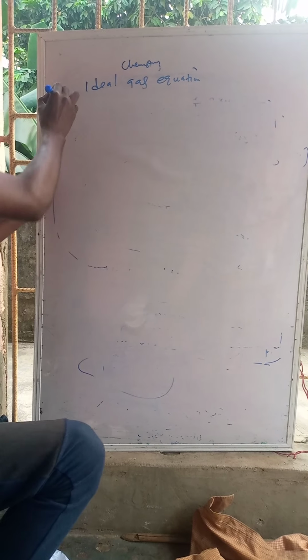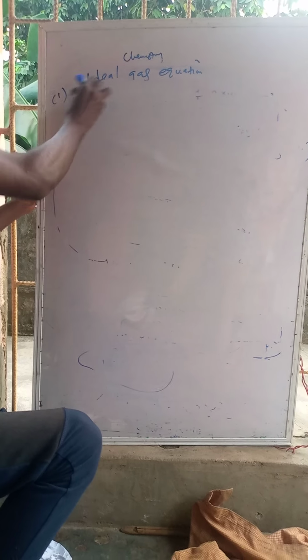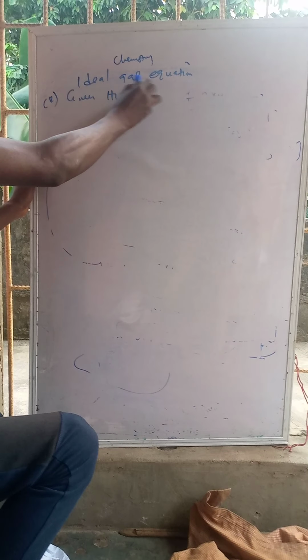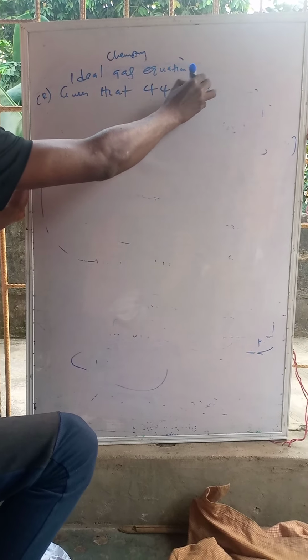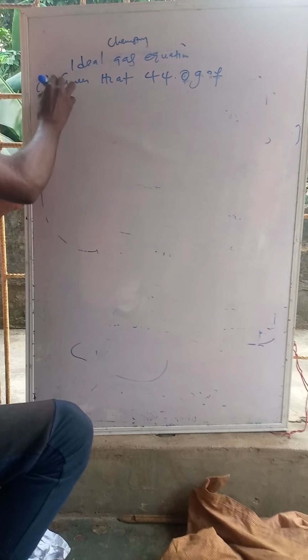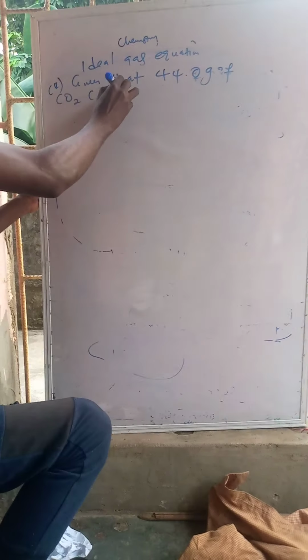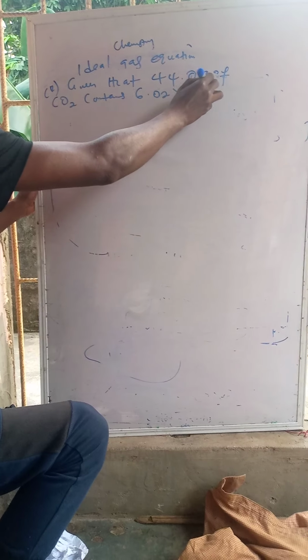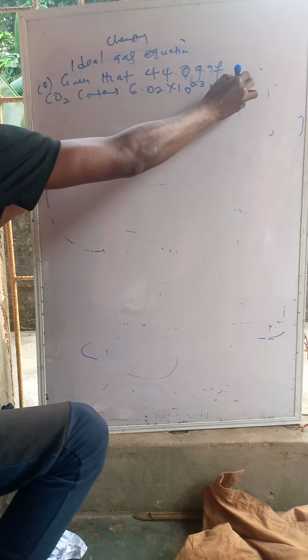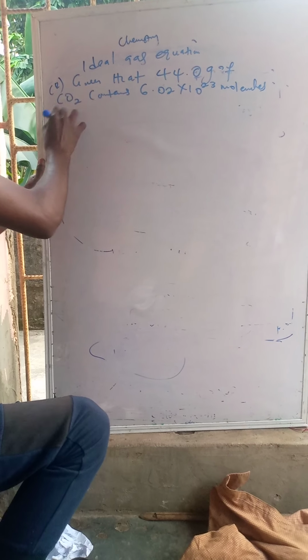Given that 44.0 gram of CO2 contains 6.02 times 10 raised to the power 23 molecules.